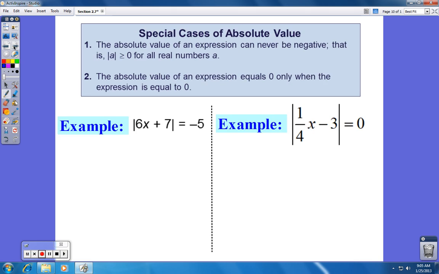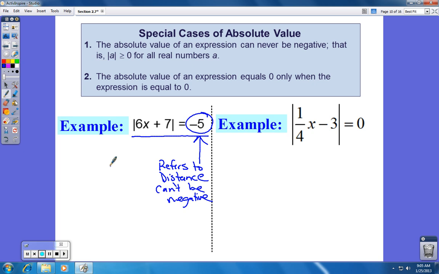This example is in the notes on Blackboard if you want to see what the two answers are to this one. And the last special cases of absolute value. In this particular example here, if you notice, this is in standard form, but notice that you have a negative 5 right here. Remember, that number refers to distance. And remember, distance can't be negative.